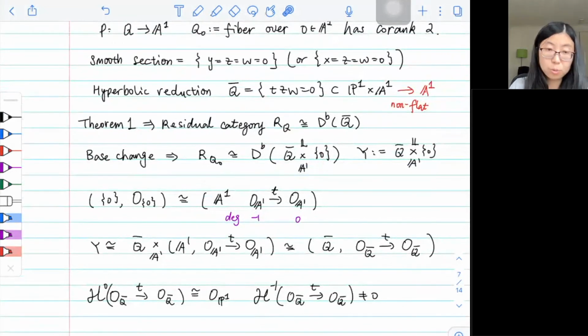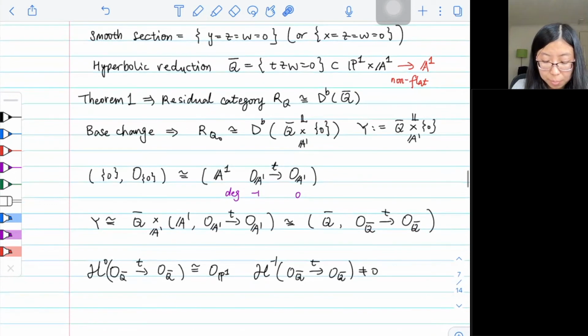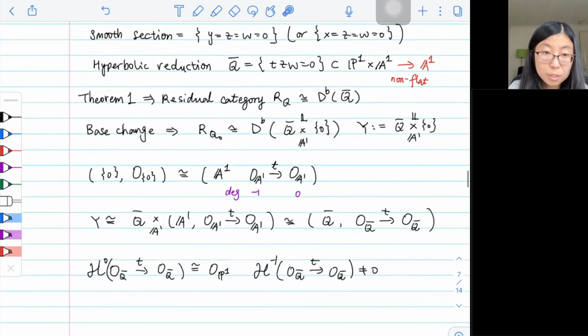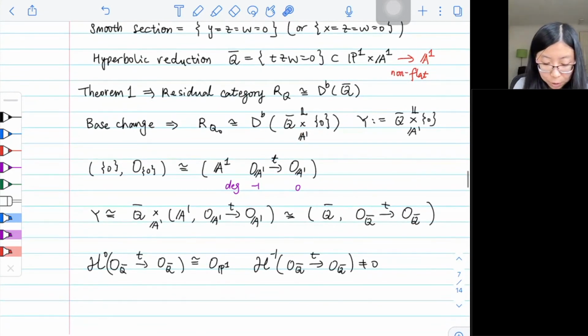So it should be equivalent to this scheme. Let's call this Y. In order to describe this scheme, we have to replace this point by an isomorphic DG scheme that is flat over the base. So instead of writing this as the point, the structure sheaf, we write this as A1 and a two-term complex from O_A1 to O_A1 with the map t.